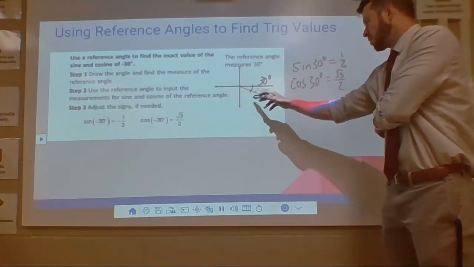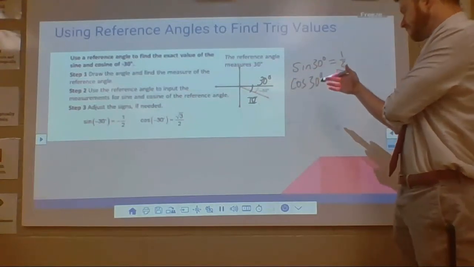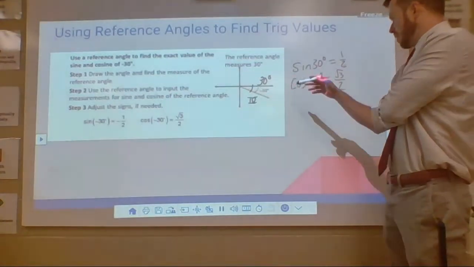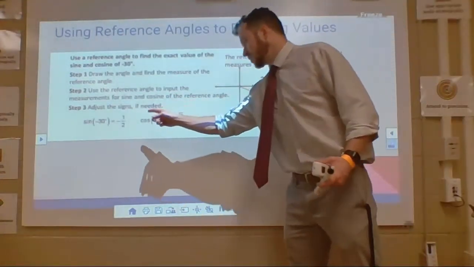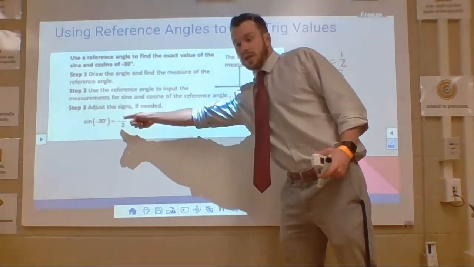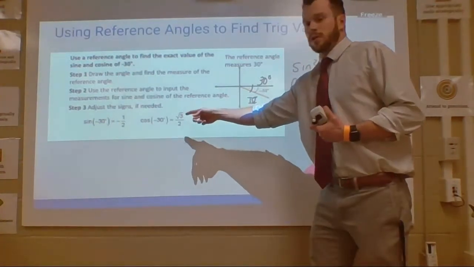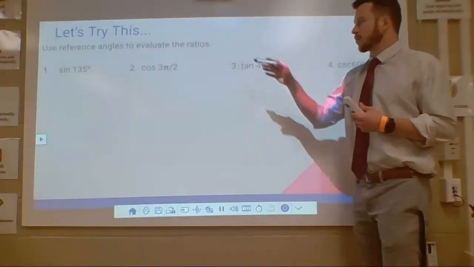Negative 30 degrees is in the fourth quadrant, where the y value is negative and the x value is positive. So for sine of negative 30 degrees, since the y value is negative, the sine value changes to negative 1/2. And since the x value is positive, cosine of negative 30 degrees just stays at square root of 3 over 2.